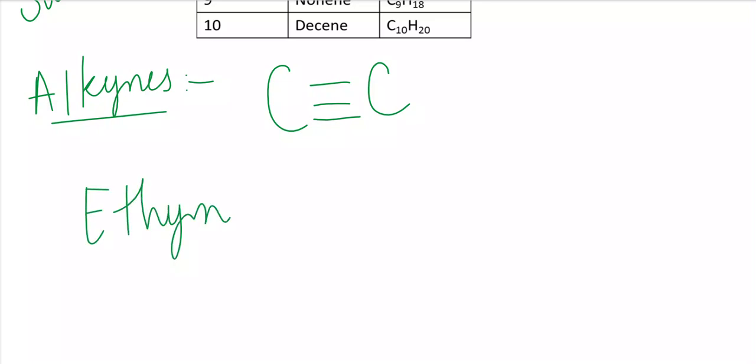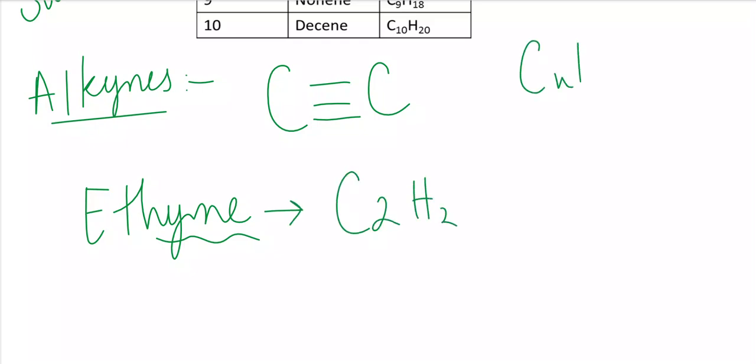The prefix will be the same, but there is a difference in the ending: ane, ene, and yne. So the formula for this member is C2H2, and the general formula is CnH2n minus 2. Through this general formula, you can easily get the formula of any member of this family.